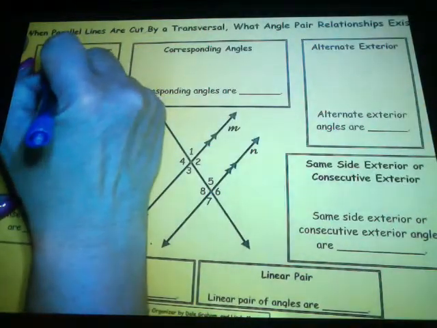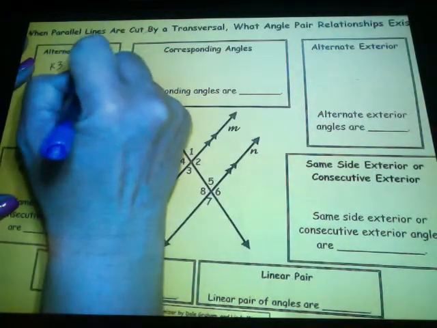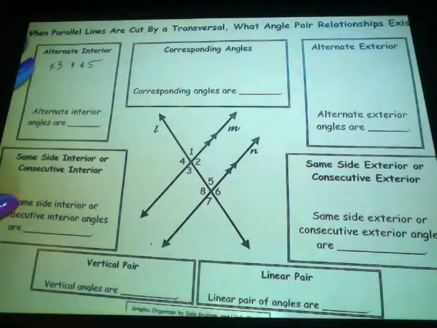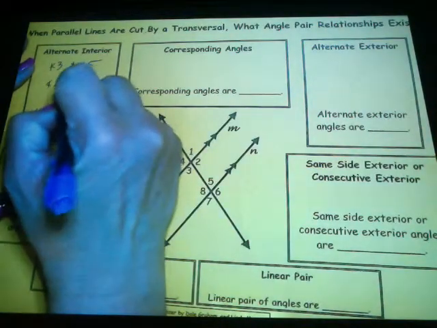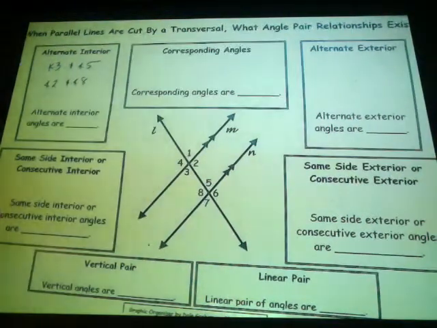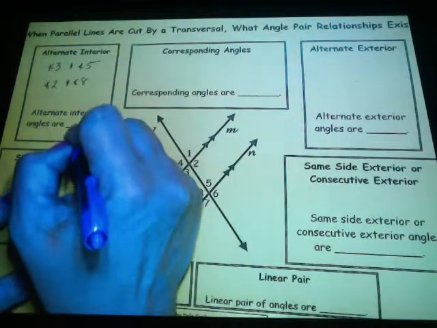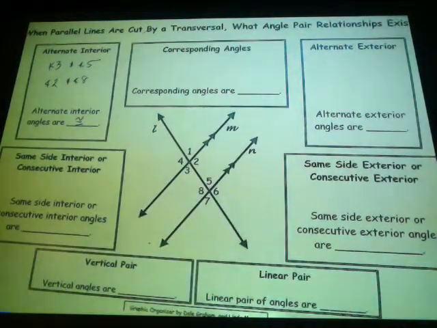So angle 3 and angle 5, is that the only pair? And then 2 and 8, right? So angle 2 and angle 8. Alternate interior angles are what to each other? They are congruent. So you can put a congruence marker in there.